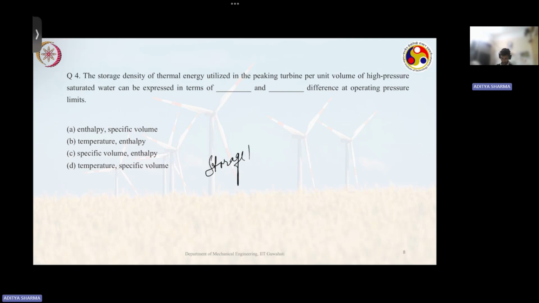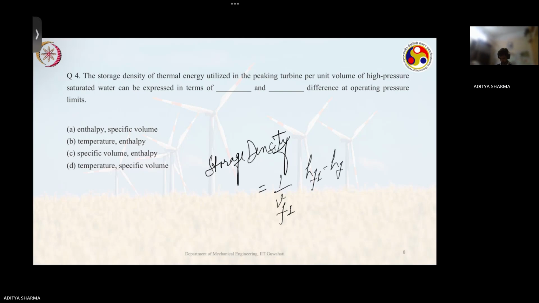So this storage density basically is this.